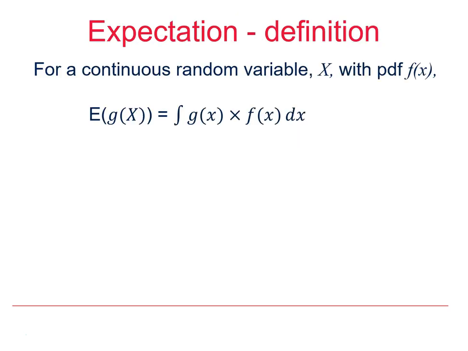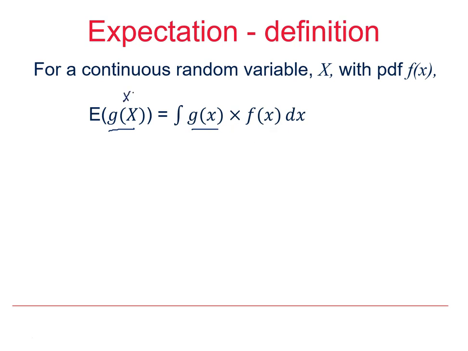So we have looked at this in part earlier, but the general definition when we have a function of a continuous random variable x, rather than just x itself, for the expectation is the integral of that function multiplied by the probability density function.